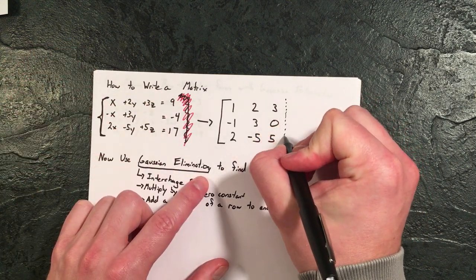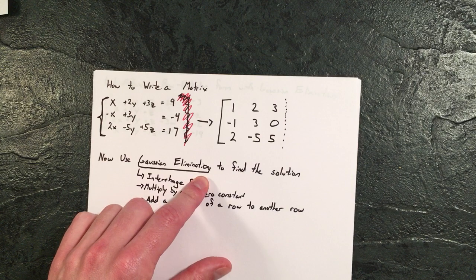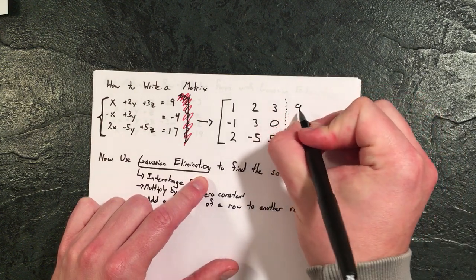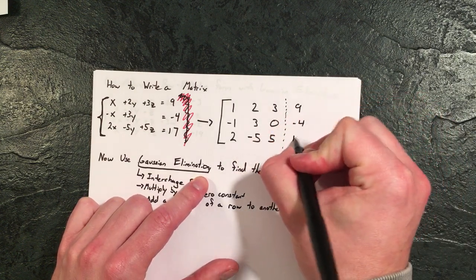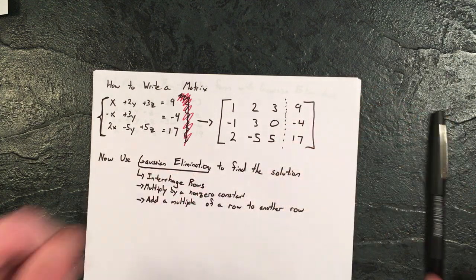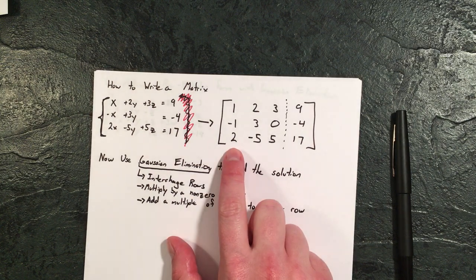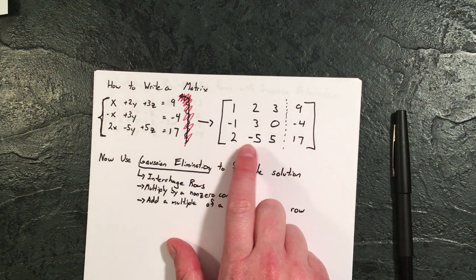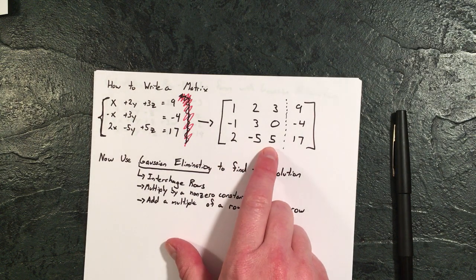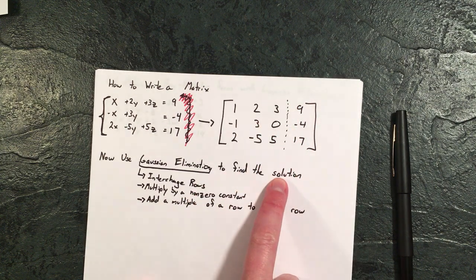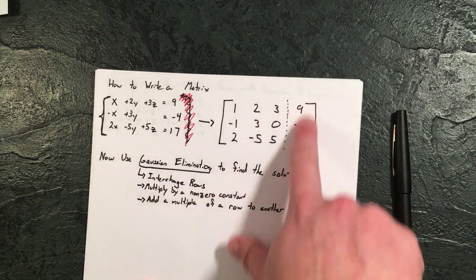The equal sign we denote with a dotted vertical line, and then the same numbers here, 9, negative 4, 17. So one perk here is that we don't have to write out all the x's, y's, and z's. It's just known that if you're in the first column here, that's the x variable. The next one, y, z, and then once we hit that dotted vertical line, that's what they equal over here.